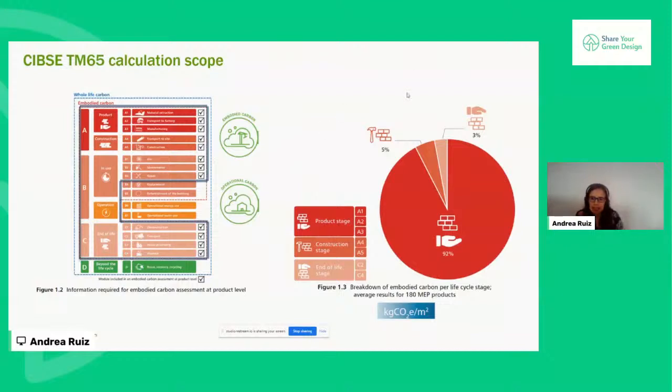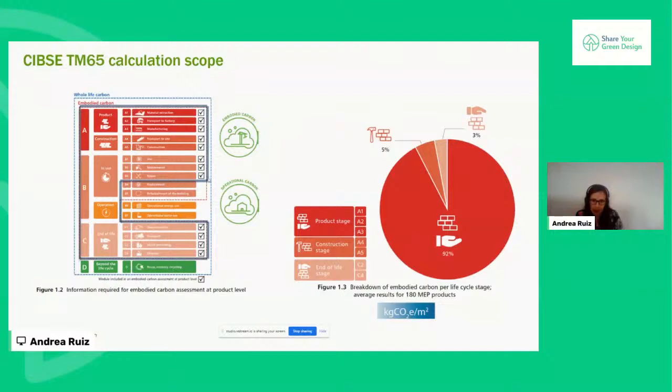So these stages we have seen earlier, in the UK, they're named from A to D, and they include the details of the product, where it's coming from, how it was constructed, how it is used. Then the whole life carbon should include the operation and end of life, and then how to recover it.